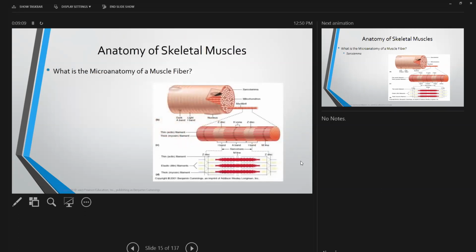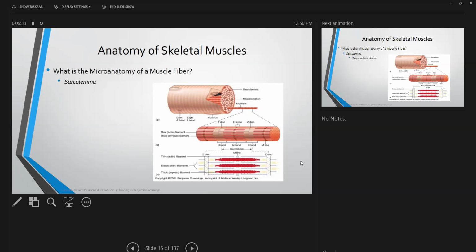What is the microanatomy of the muscle fiber? This is when you get into the weeds with muscle contraction. They talk about the Z discs and the M line and the overlap. This is basically how the actin and myosin are able to be understood and how muscle contraction truly works.